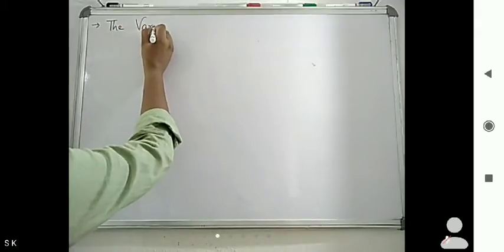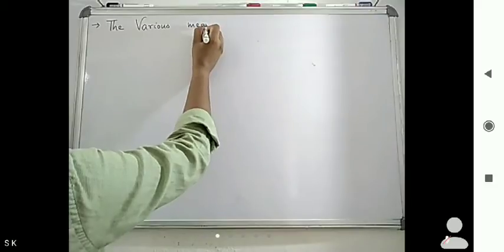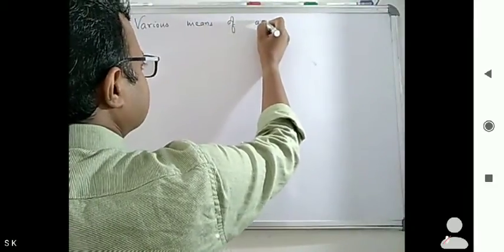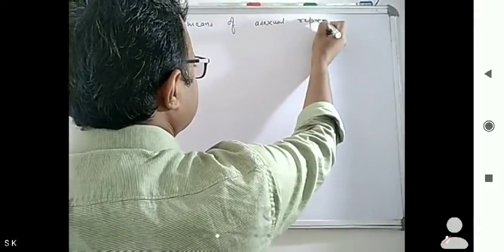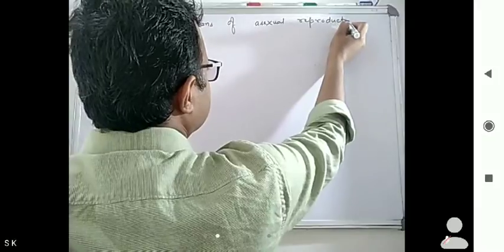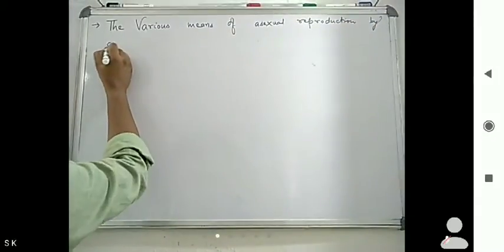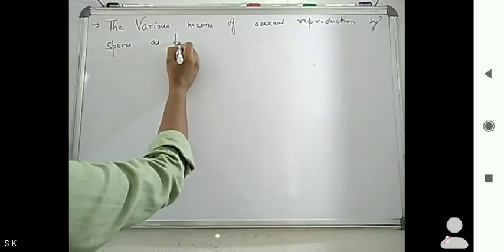The various means of asexual reproduction by spores are as follows.